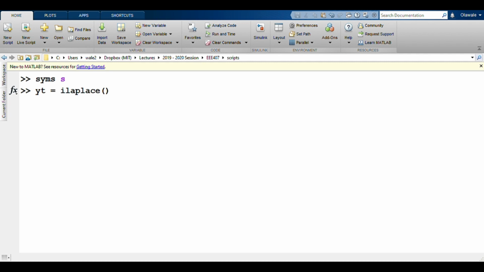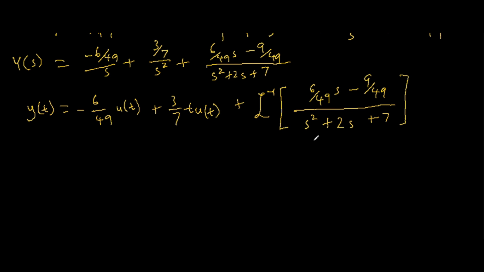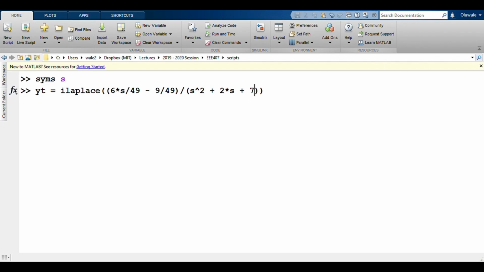So that's, let's have that in the numerator, 6 times s over 49 minus 9 over 49. And all of this divided by, I believe it is s squared plus 2 times s plus 7. Sorry, this should be s squared plus 2 times s plus 7. Let's just confirm that. s squared plus 2s plus 7. Okay, good.